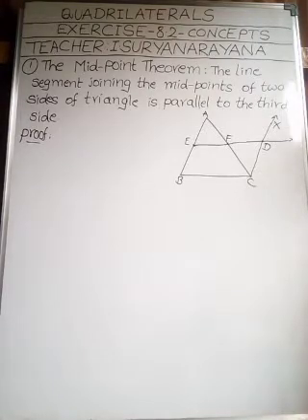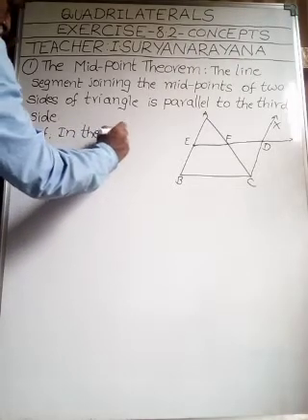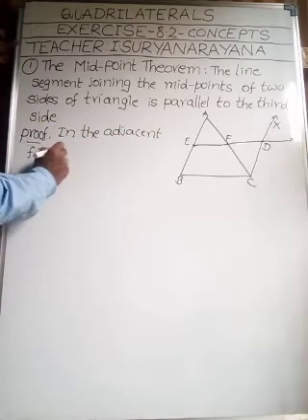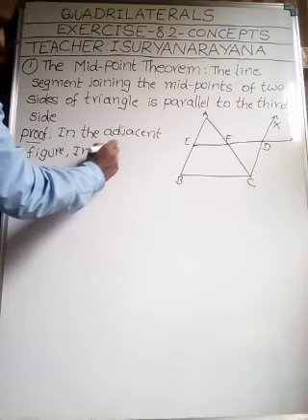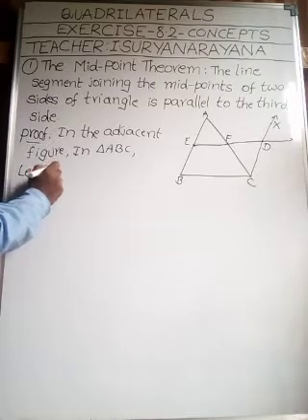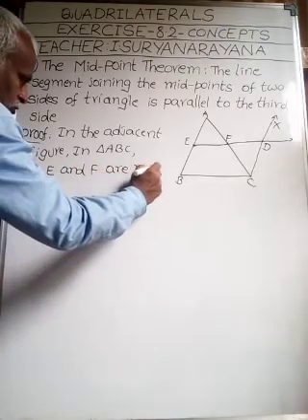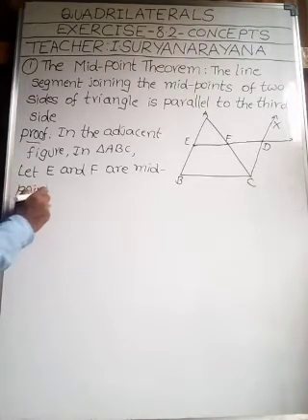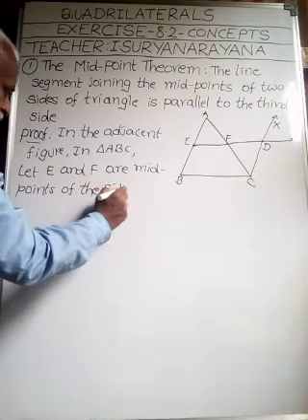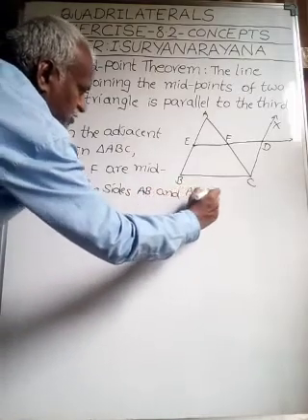Okay, my children, right. In the adjacent figure, in triangle ABC, let E and F be the midpoints of the sides AB and AC respectively.